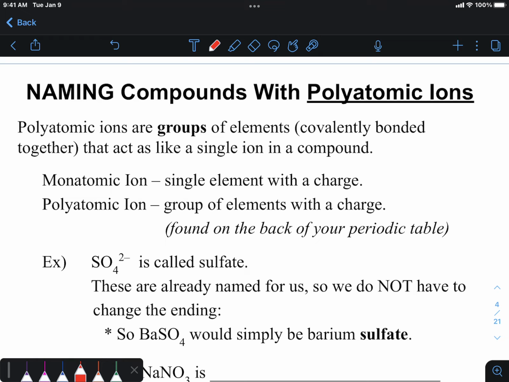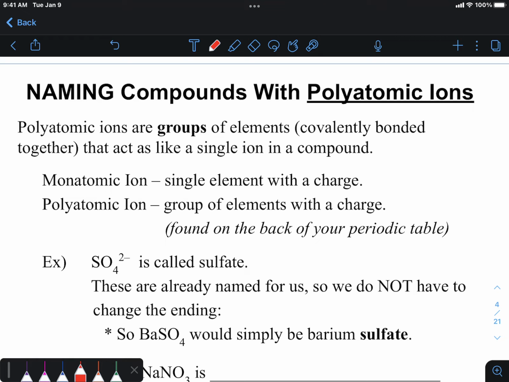Okay. So a polyatomic ion is anytime you have 2 or more elements bonded together that have a charge. Hence poly, which means many, atomic, ion. It's an ion that is made up of more than 1 atom. All right? And they have names, and so these are the names that you will use when you find them in compounds.